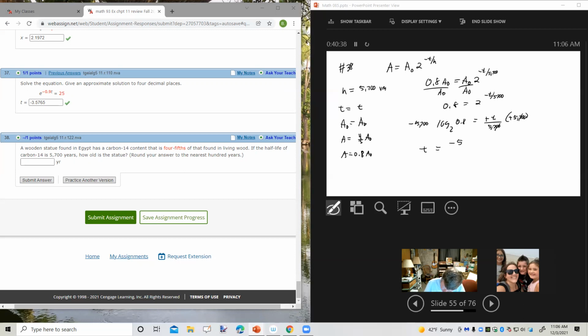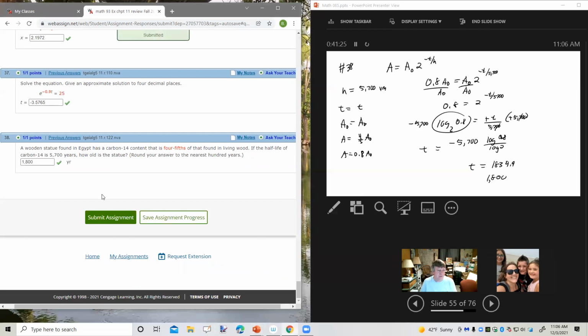So t is negative 5,700 times this, but I'm going to use the change of base to rewrite it: negative 5,700 times log of 0.8 divided by log of 2. That gives 1834.9, so that would be 1,800 years to the nearest 100 years.